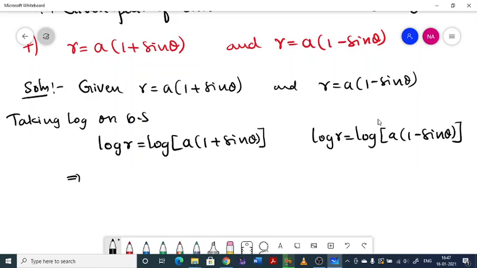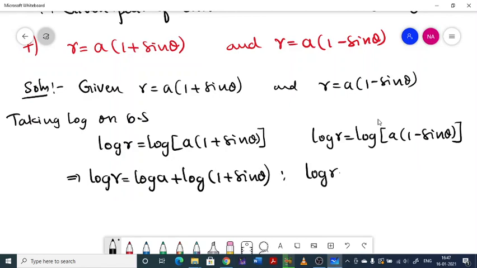So here log r equal to log a plus log of 1 plus sin theta, and similarly here log r equal to log a plus log of 1 minus sin theta.